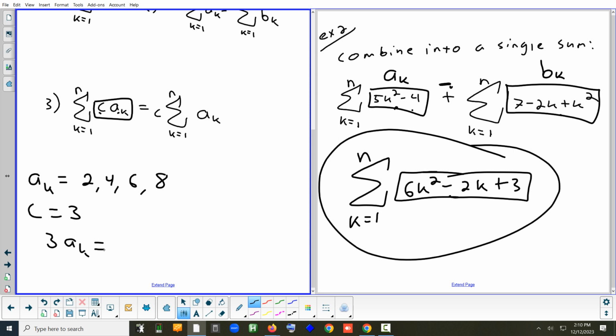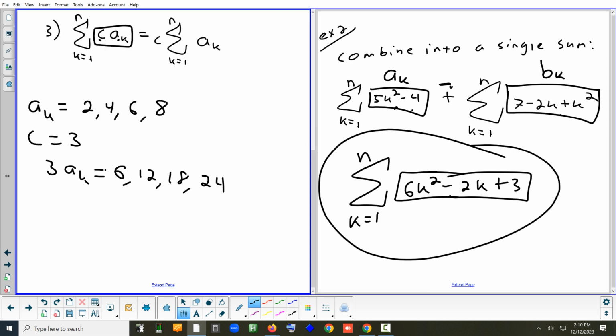So if you multiply this entire sequence by 3, what do all the terms become? 6, 12, 18, 24. That's 3 times my sequence. Now, let's add up, in this case, all the numbers from 1 up to the 4th term, because I only have 4 terms. So let's add them all up.